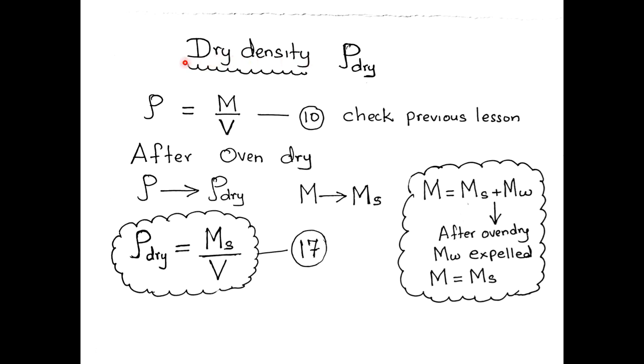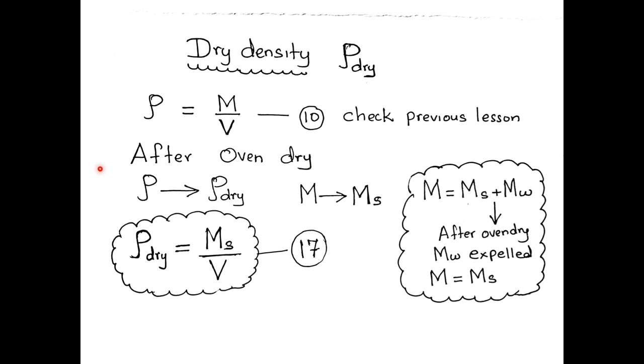Dry density, rho dry. Bulk density is equal to total mass over total volume. This is equation number 10, already checked in the previous lesson.